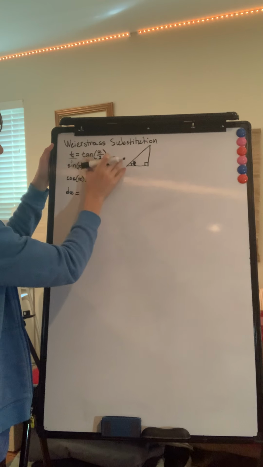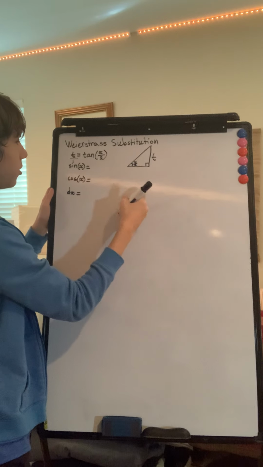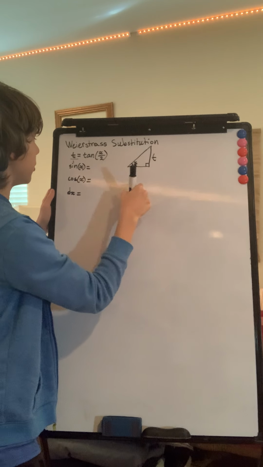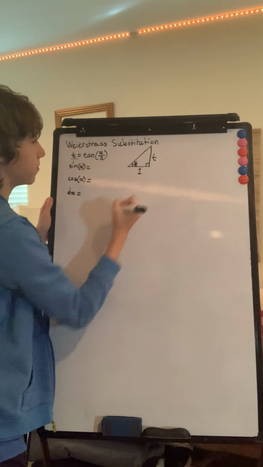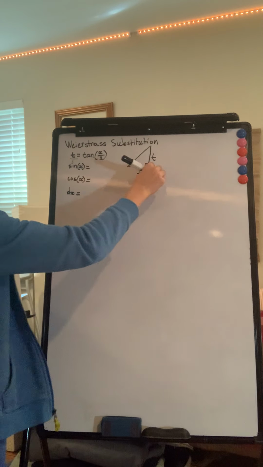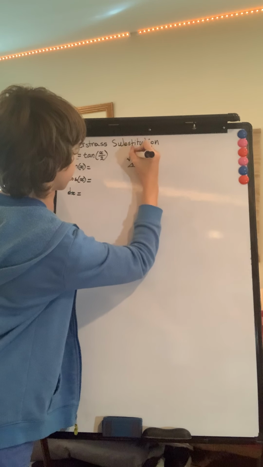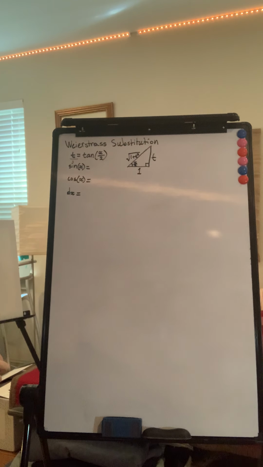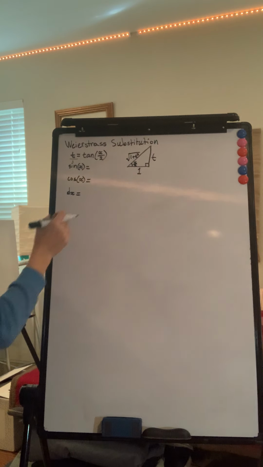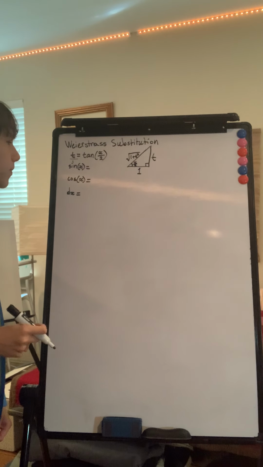So by the definition of tangent, the opposite side of x over 2 is t, and the adjacent side is 1, because tangent is opposite over adjacent. Using the Pythagorean theorem, we can easily find the hypotenuse, which is just the square root of 1 plus t squared. Now this helps us in finding sine, cosine, and dx in the end.